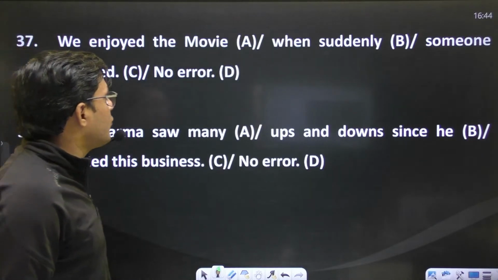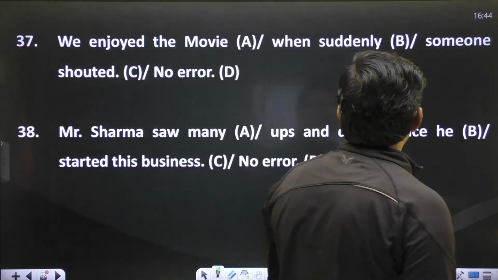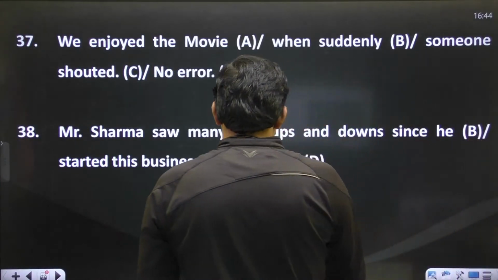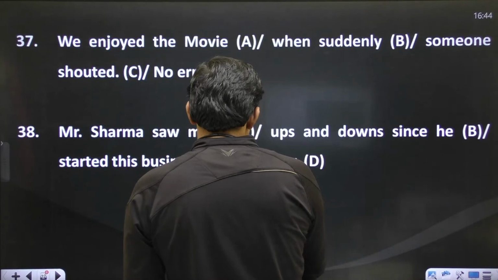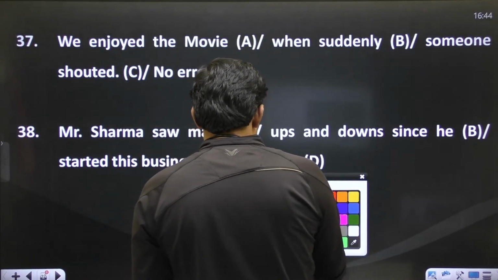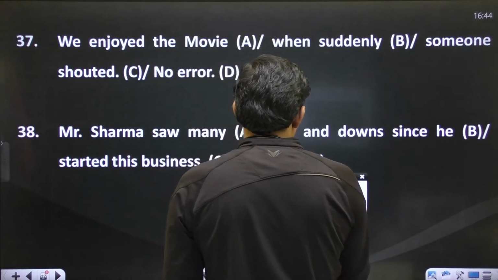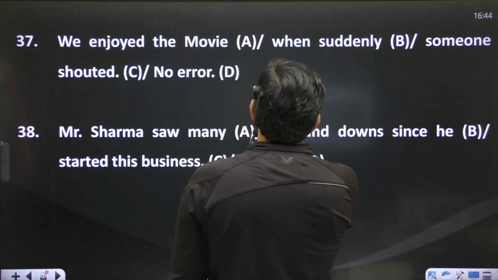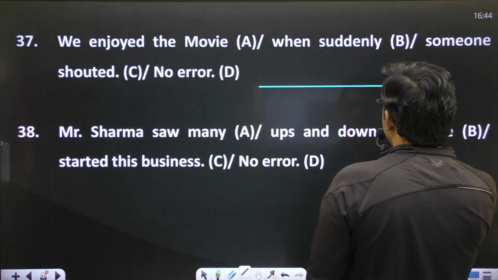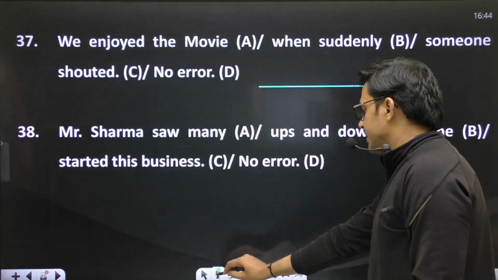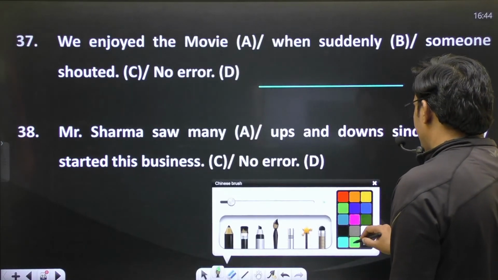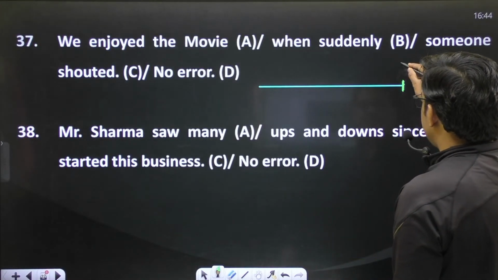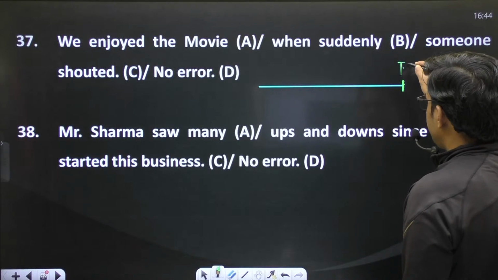We enjoyed the movie when suddenly someone shouted. Okay, this one is the nice concept. Whenever you suppose you have a timeline, okay, this is the timeline, and you have a point, and this is TS.